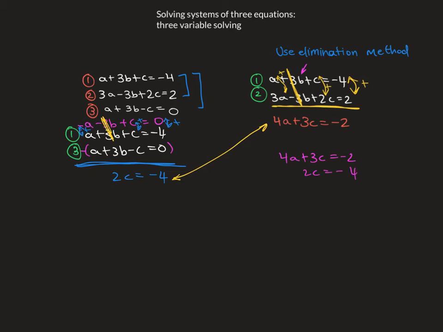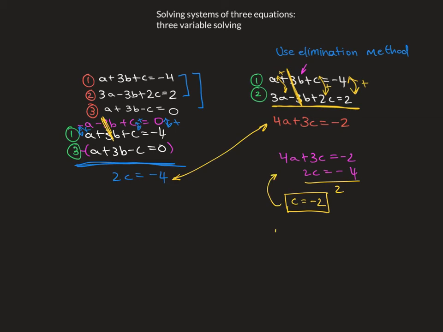Now how do we solve this? What we have to do is divide by 2, so c equals minus 2. And now we've solved for c. Sometimes you have to go through a normal set, but this one we can just solve directly. And then once you solve for c, we can just plug it in over here.